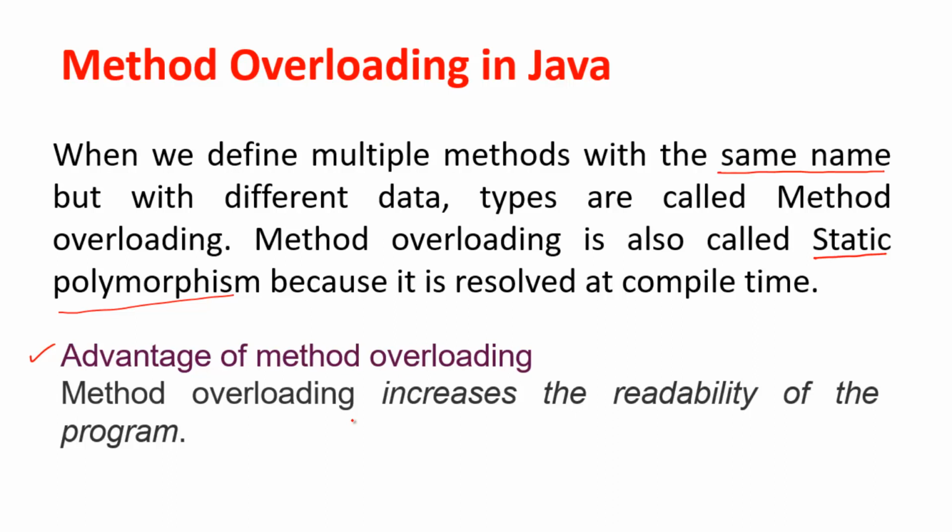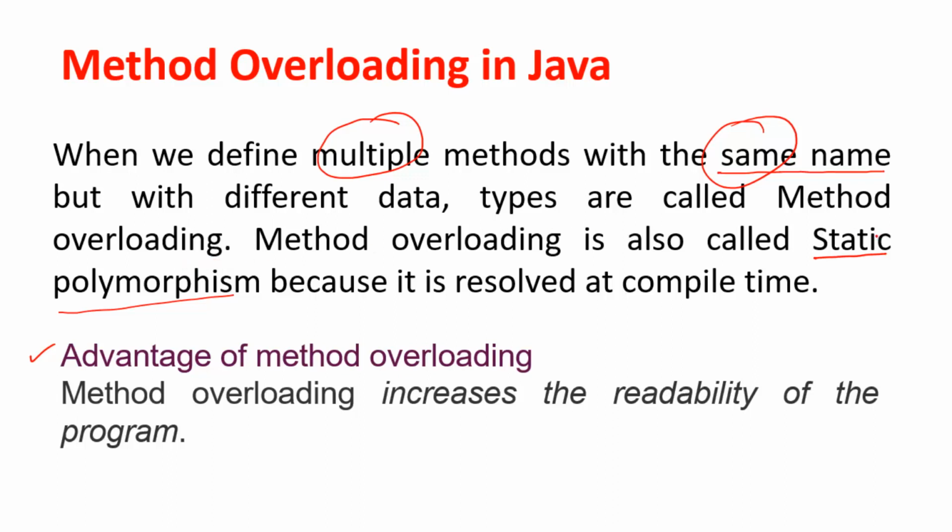Okay, so when we define multiple methods, multiple methods means with the same name but different data types, or in some other places you see this as different signature, that kind of method is called method overloading.